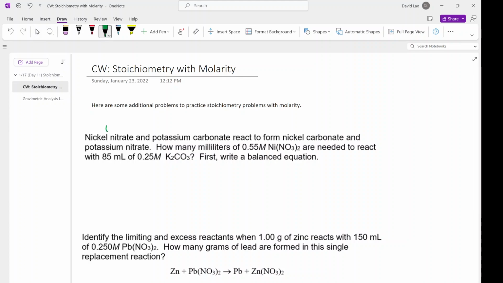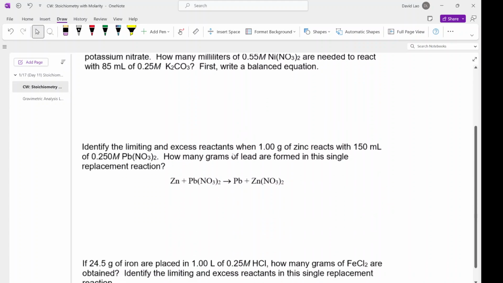This would really say nickel 2, by the way, based on what we've learned in this class. So nickel 2 here. You're working with some solutions here, and then you're going to answer the questions by converting to moles in some different ways, or maybe working backwards.